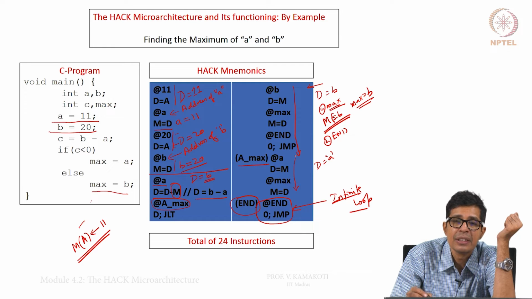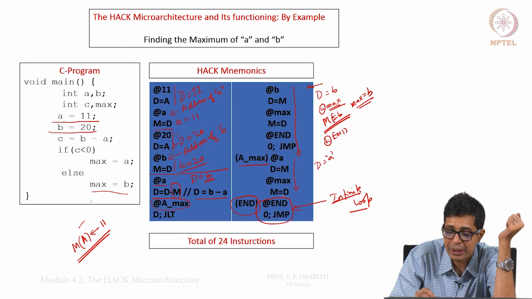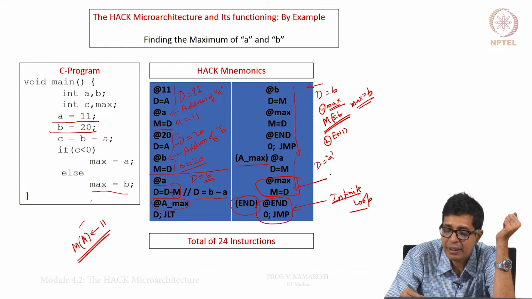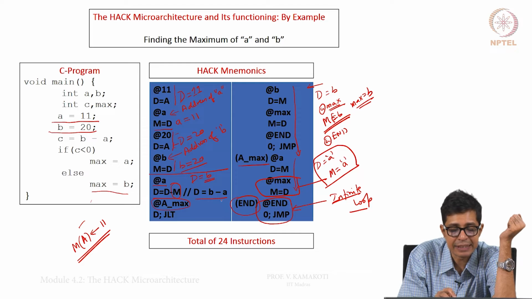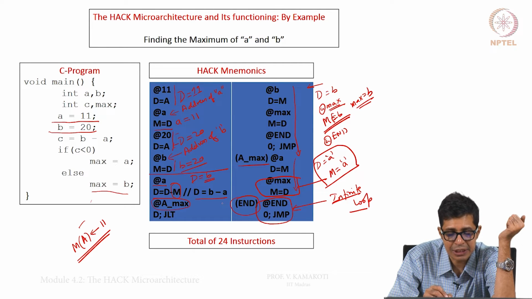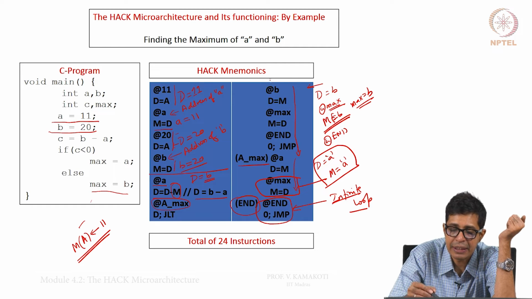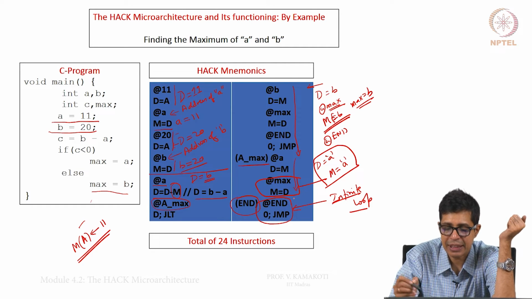So when I say M, I get the value of small a, and so at max M equal to D. So again these two instructions, as you see, will make max equal to A. So when B minus A is less than 0, max is A, otherwise max is B, then it will come to this end and jump.